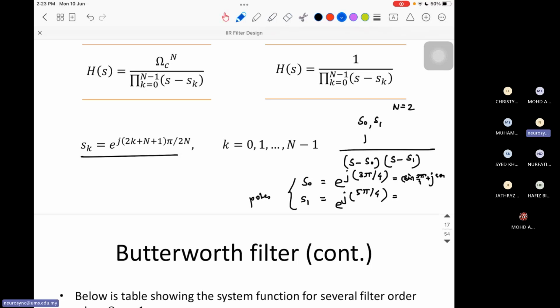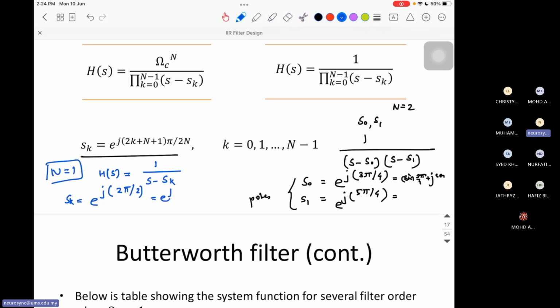Are you getting this? If I want to find the filter transfer function for n equal to 1, how will I find H of s? So for omega c equal to 1, this is 1 divided by s minus sk. Here we will have only one pole because n equal to 1. Therefore, e to the power j, this is 1 plus 1, 2 pi divided by 2.